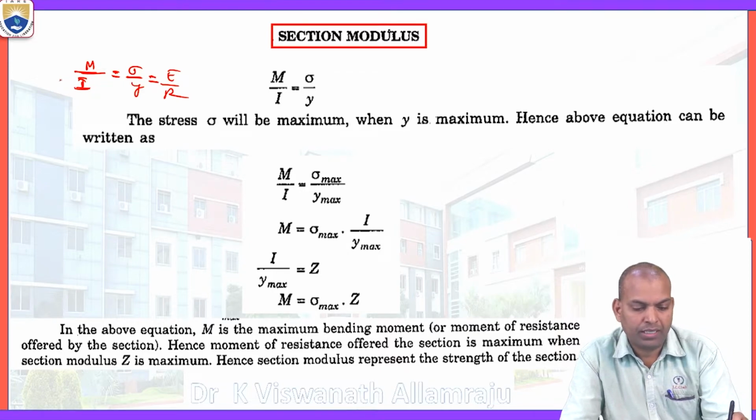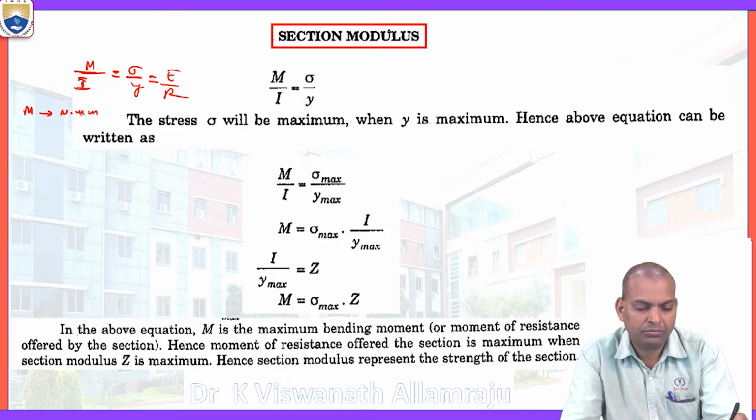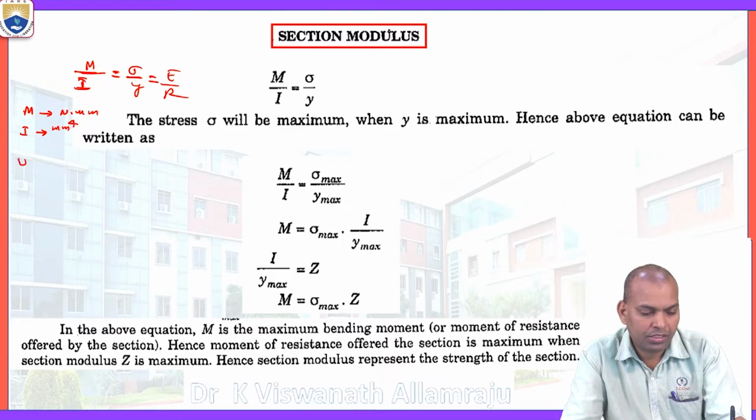The unit for M is Newton millimeter or Newton meters, and I is the second moment of area or area moment of inertia. The unit for area moment of inertia is mm to the power 4, where sigma is the normal stress or bending stress.